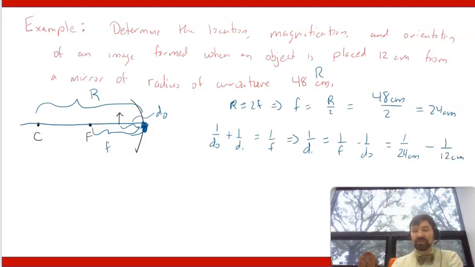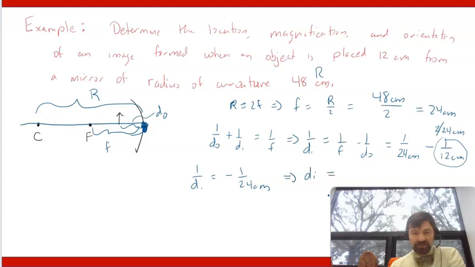Note that 24 is 2 times 12, so this is also 2 over 24 centimeters. So if I have 1 over 24 minus 2 over 24, I end up with negative 1 over 24. So 1 over di is negative 1 over 24 centimeters, and that means di is negative 24 centimeters.